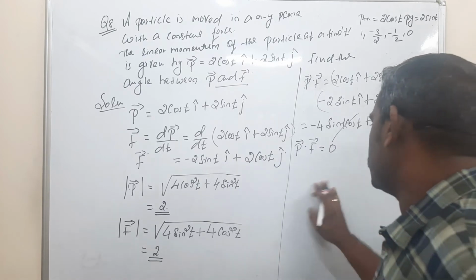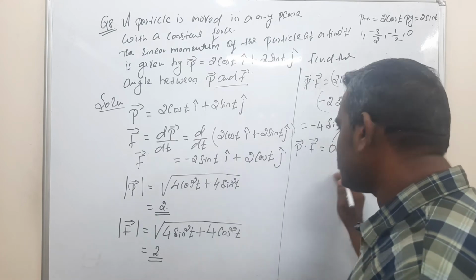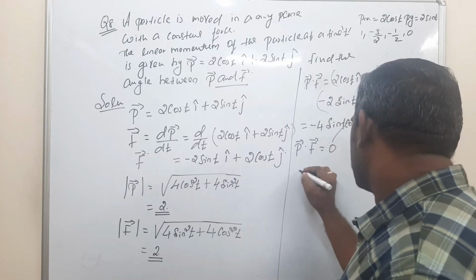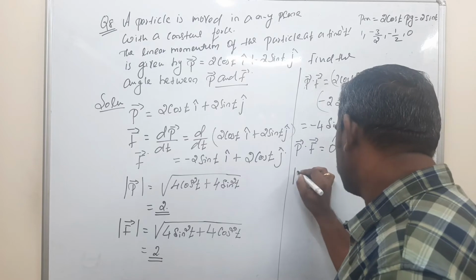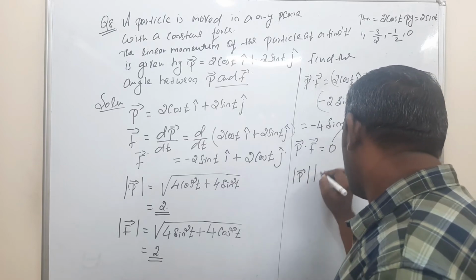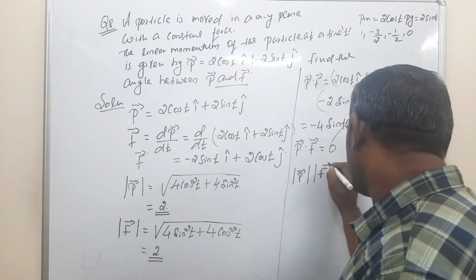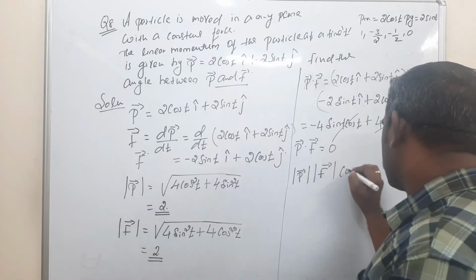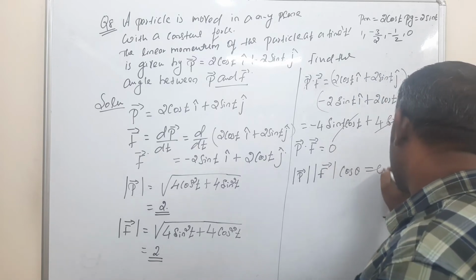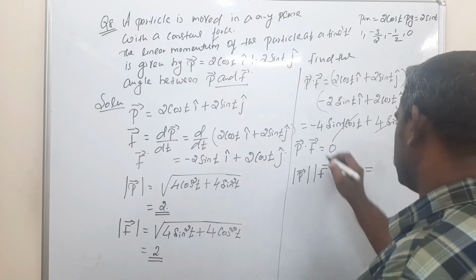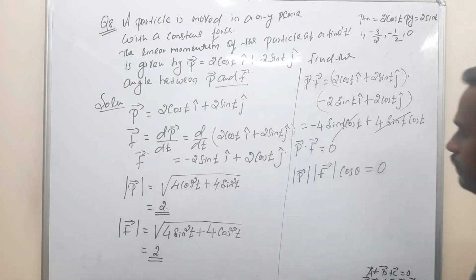So what is P vector dot F vector? That is modulus of P vector, modulus of F vector, cos theta, which is equal to 0.